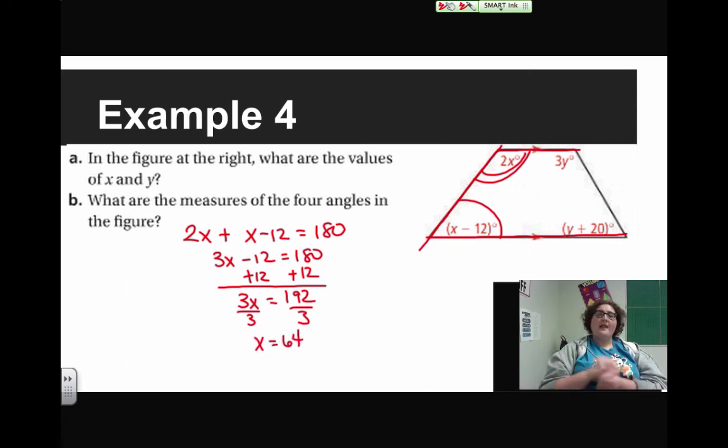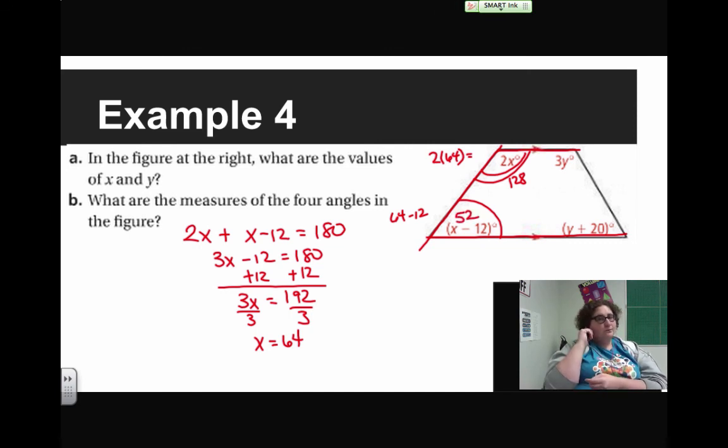Okay, now knowing that x is 64, I'm going to plug this back in and take 2 times 64, which makes this angle 128. And then I'm going to take 64 minus 12, and I'm going to get 52.